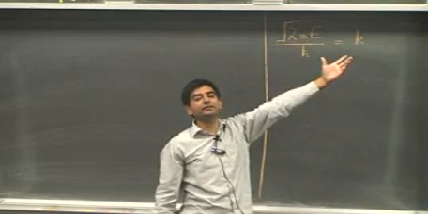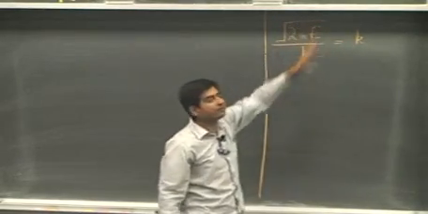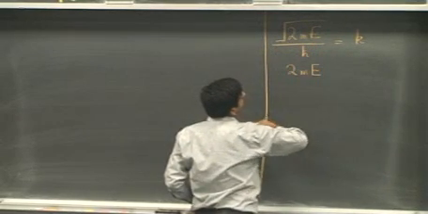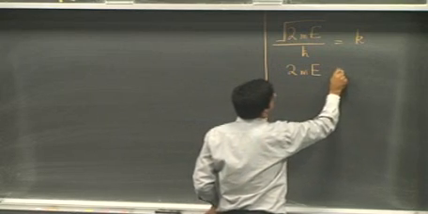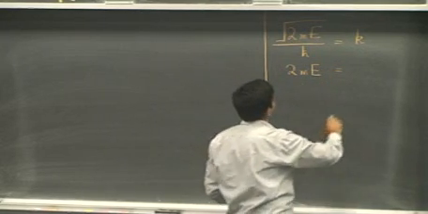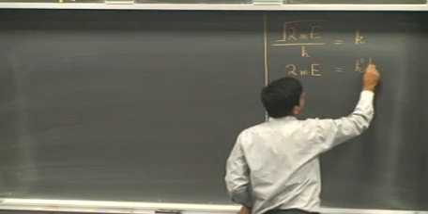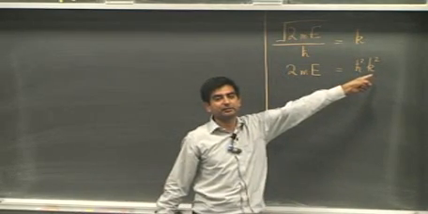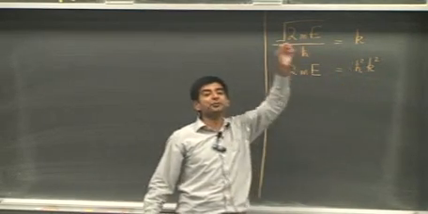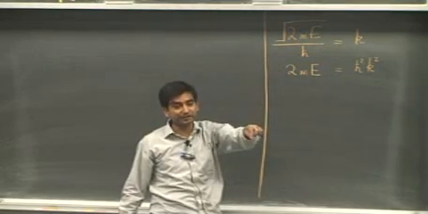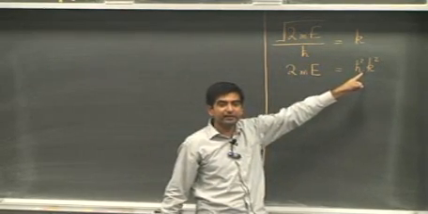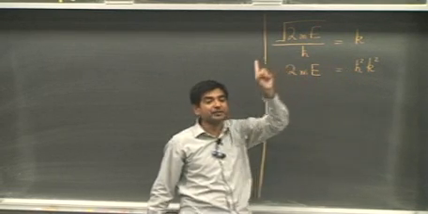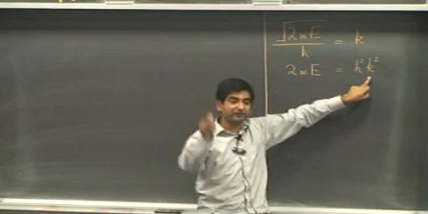But what is the physical meaning of this k? Let's take the square of both sides. 2mE over h bar squared equals k squared. But what is h bar squared k squared? If k were the wave number, then h bar k is, what is h bar k? It's the momentum according to the de Broglie condition, if k were the wave number.